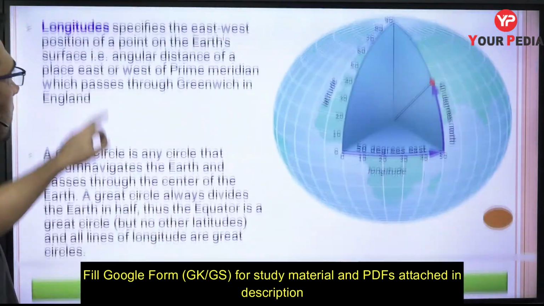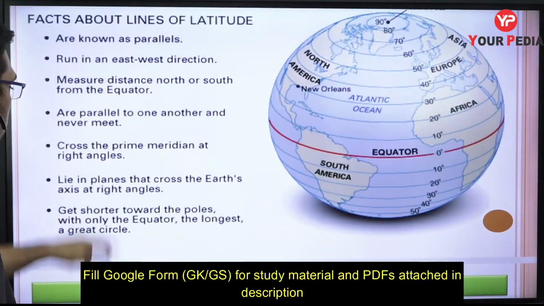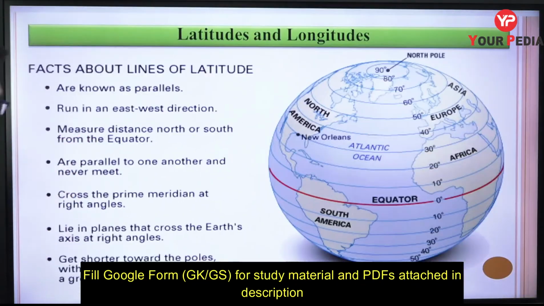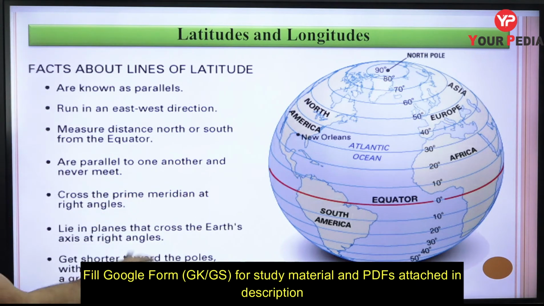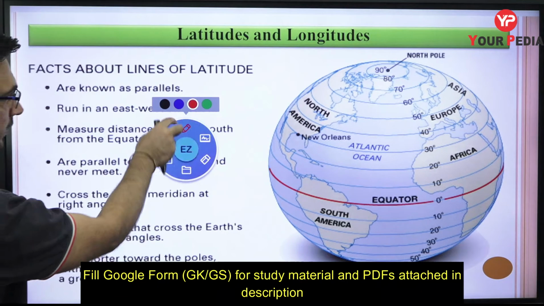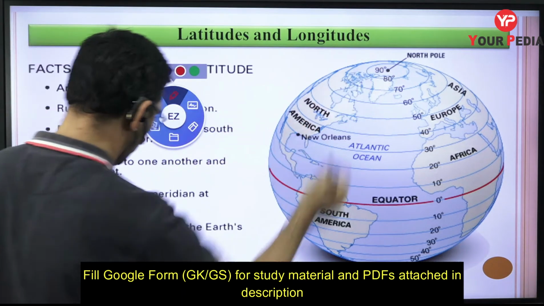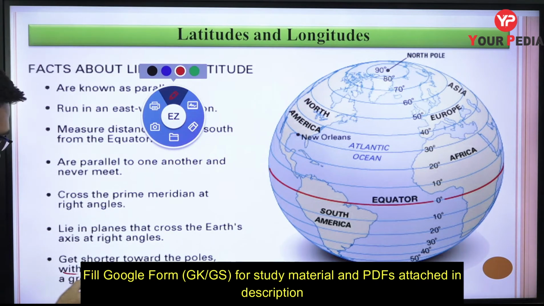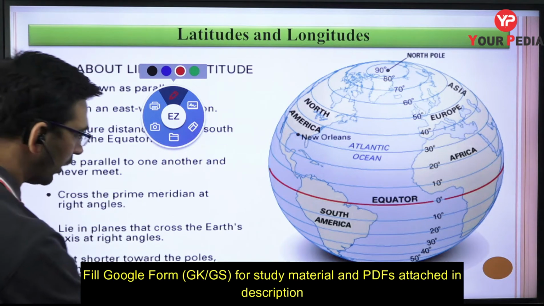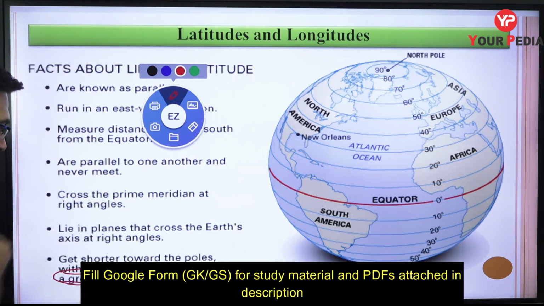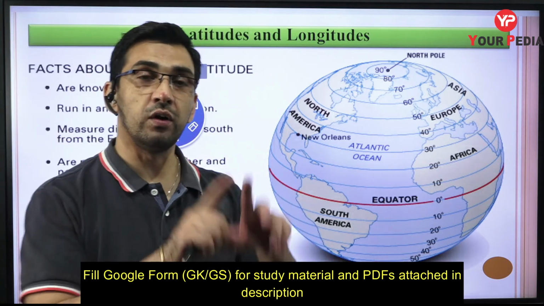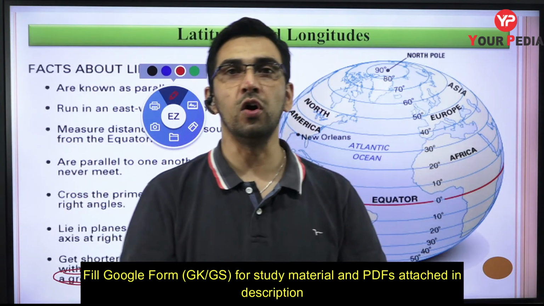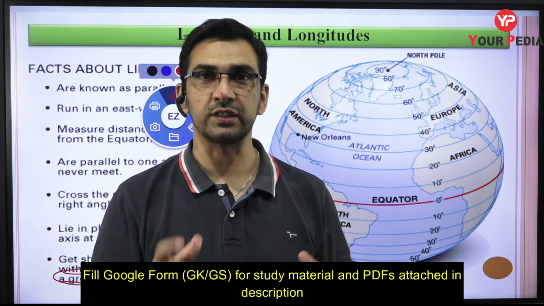I think I had told you somewhere here, right? That means parallels get shorter towards the poles, right? They were getting shorter towards the poles, with only the equator being the longest great circle. That means the additional information you are going to have is which one is going to be the longest great circle.